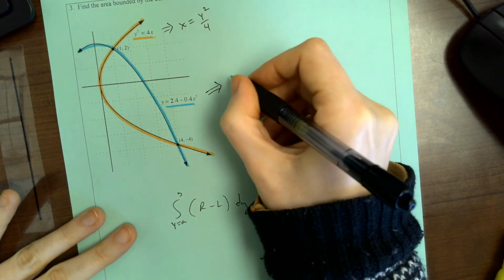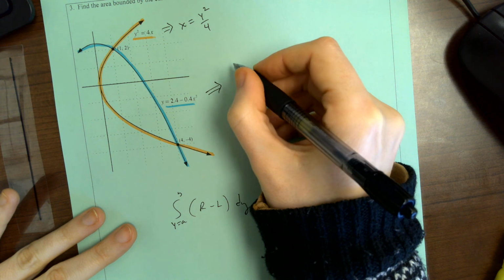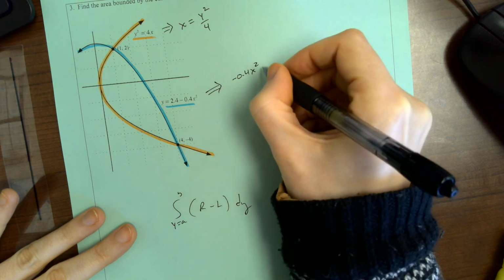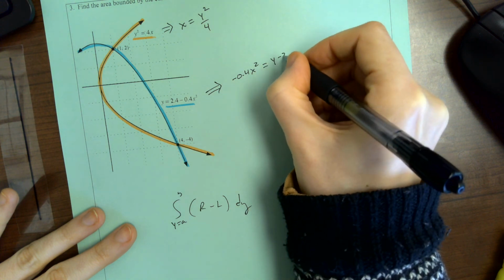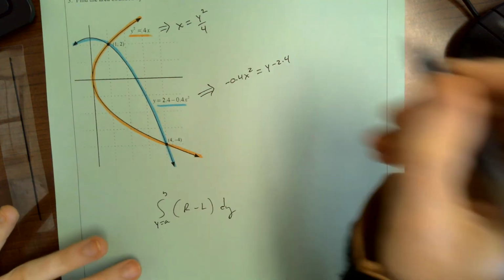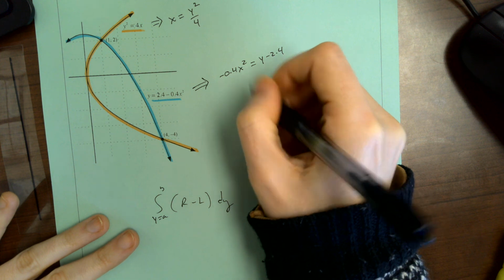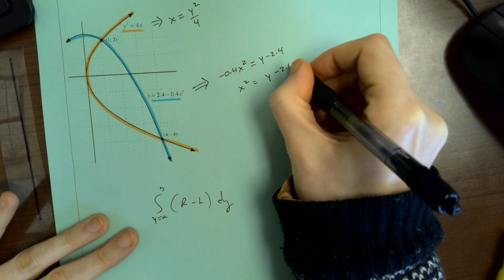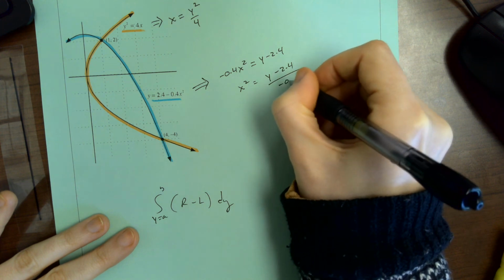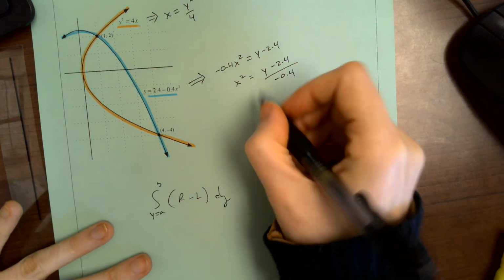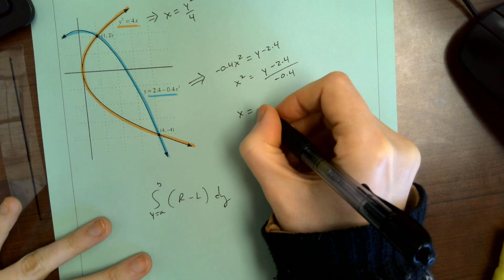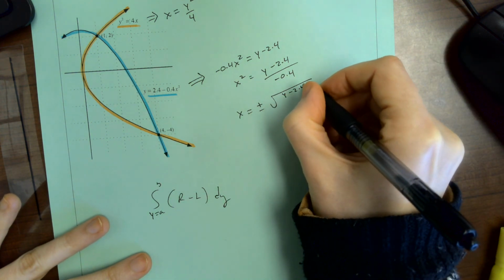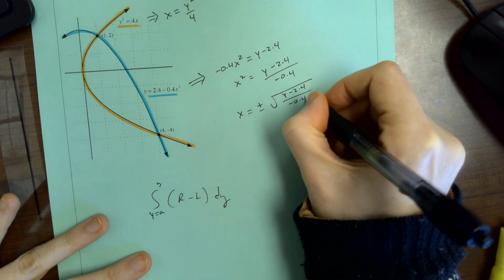So I do negative 0.4 x squared equals y minus 2.4. Then I'll divide both sides by negative 0.4, so x squared equals y minus 2.4 over negative 0.4. Then I take the square root of both sides, and you go plus or minus the square root of that.